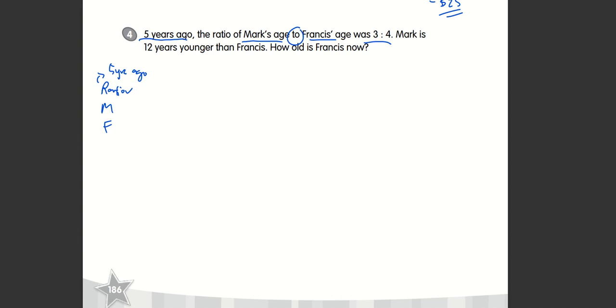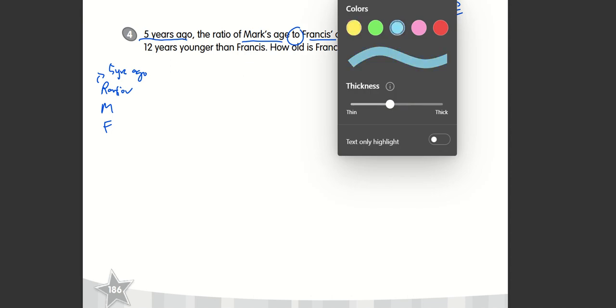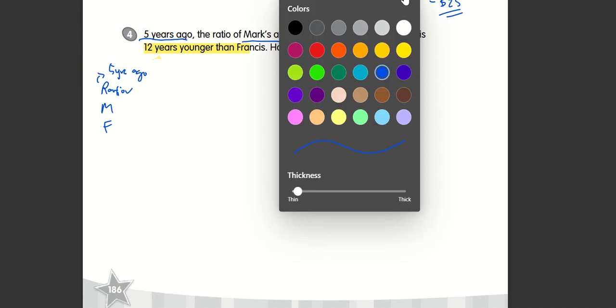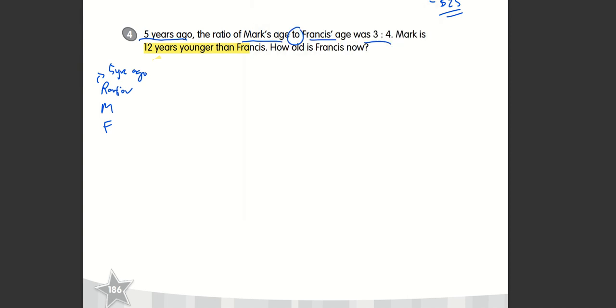And the next information that was given is that there's this part, 12 years younger than. So that's the difference. That's the one that's given. Difference between the ages, and that's 12 years. And then the question here is asking for Francis now.